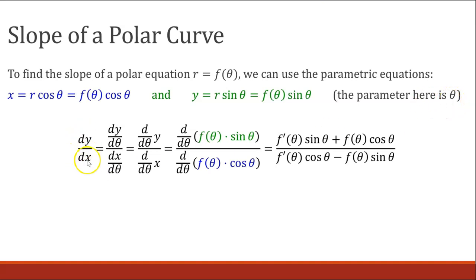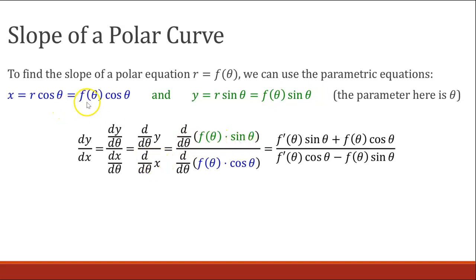So to find dy dx, the derivative or the slope, we're going to introduce that parameter by saying this is dy d theta over dx d theta, so doing this quotient. If y is f of theta sine theta, then this becomes the derivative of this product.